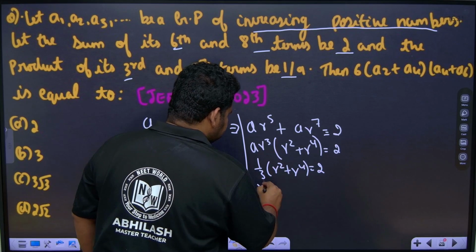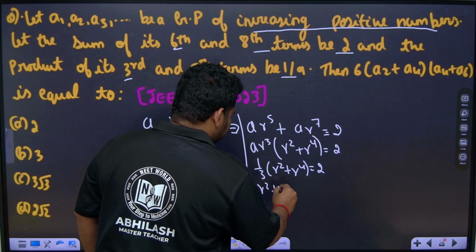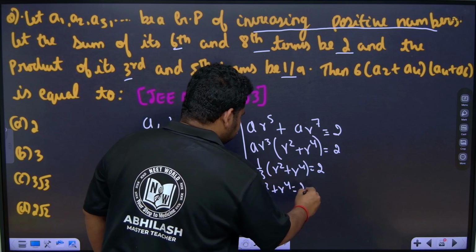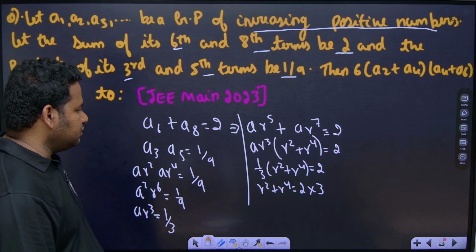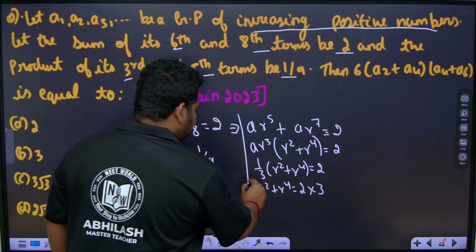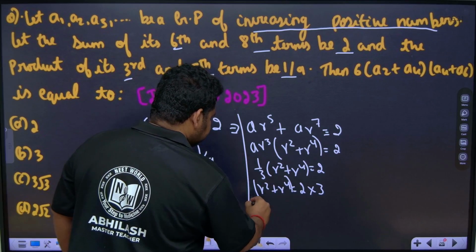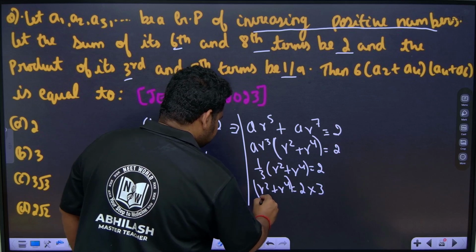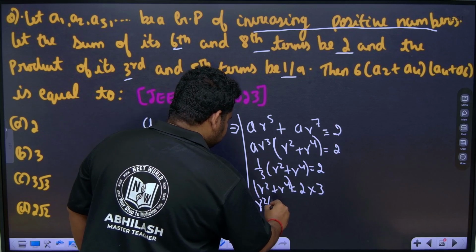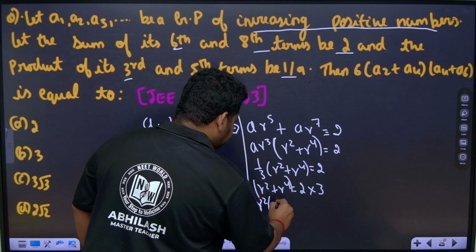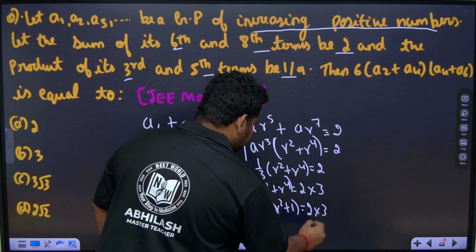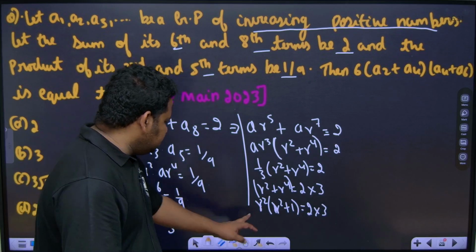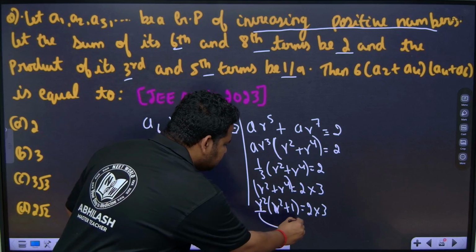So R square plus R to the power of 4 is equal to 2 into 3. Correct? Now what I can do is take this R square common. R square into 1 plus R to the power of 2 is equal to 2 into 3. Okay, so this R square corresponds to 2.